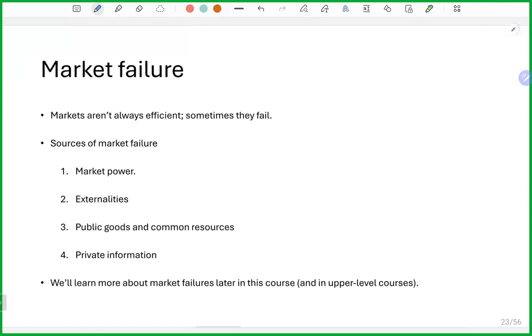So market power, externalities, public goods, private information, those are the big sources of market failure. If markets fail, then government has reasons to intervene in the market to improve market efficiency.